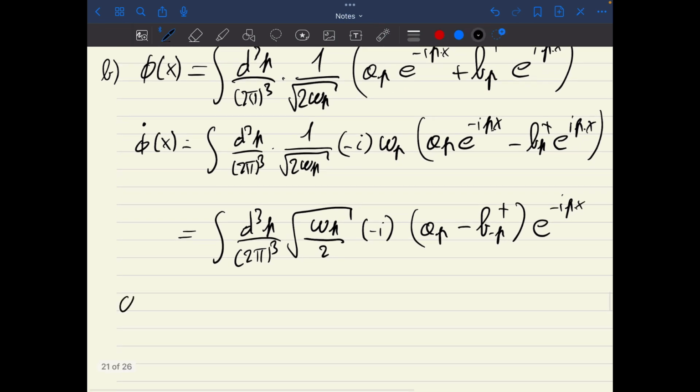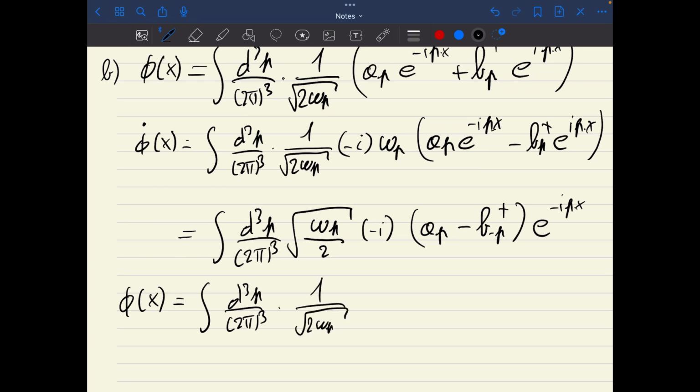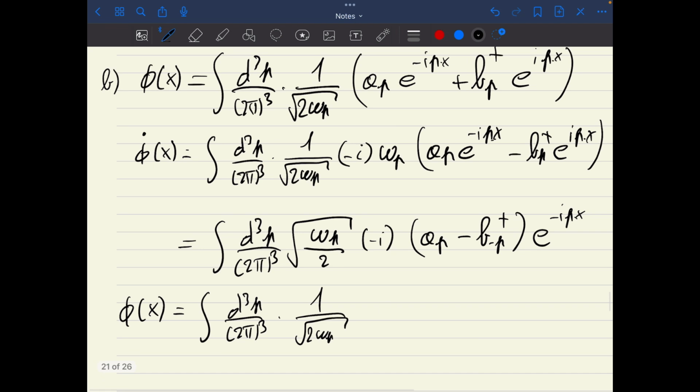So phi of x is simply A p plus B p dagger, B minus p dagger, that's the full point, minus B, exponential minus A p x.